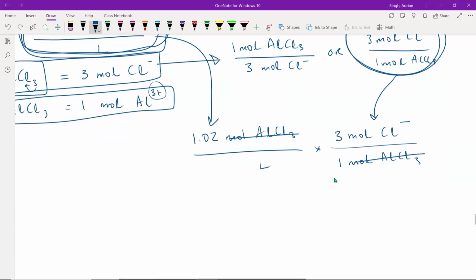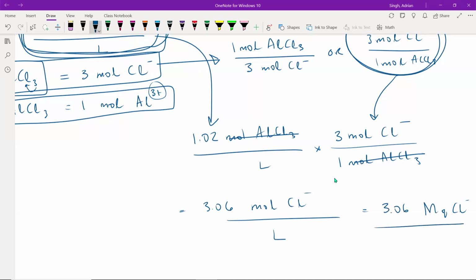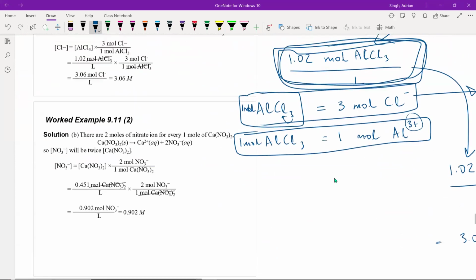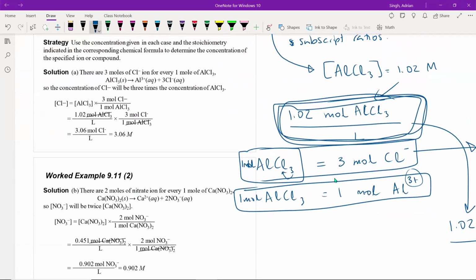So the units that I end up with are moles of Cl minus for every liter of the solution. This would be molar chloride, which is what we're trying to find, right? 1.02 times 3 would be 3.06 molar chloride. And that makes sense, because there's a 3-to-1 ratio, so multiplying that initial concentration by 3 is what we would get.